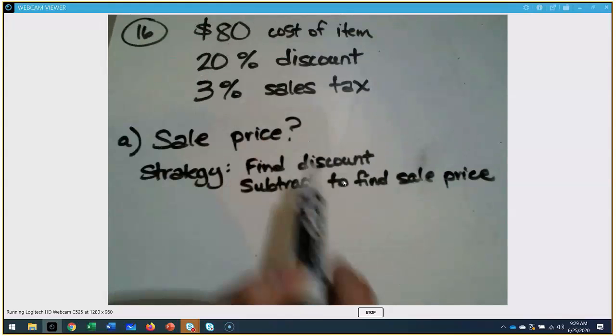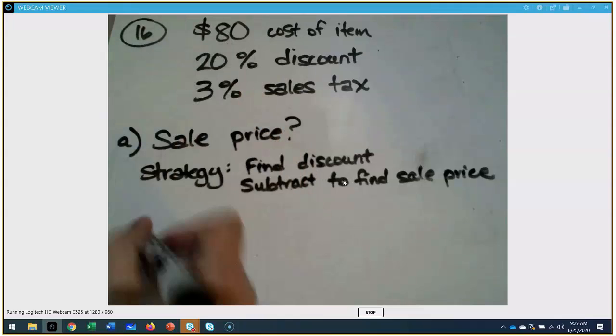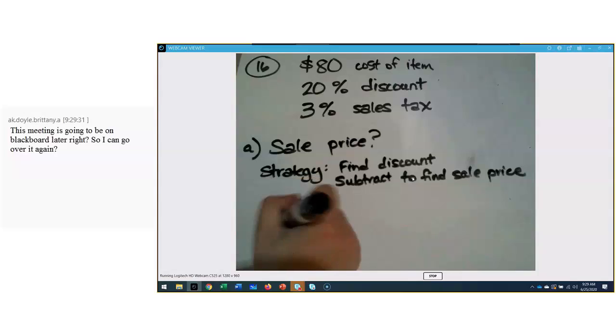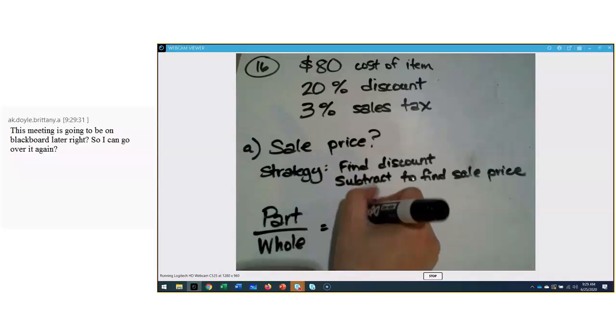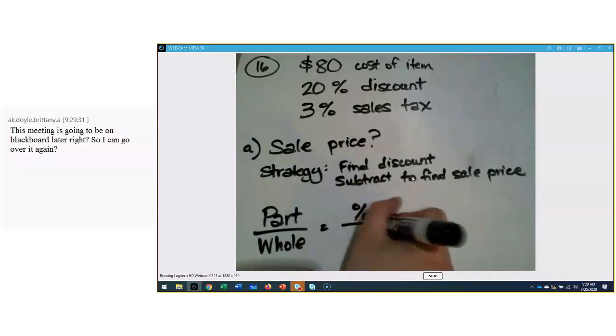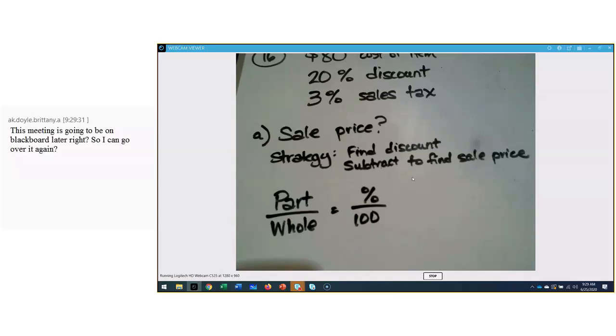Okay, so that's my strategy. So since I'm talking about a percentage and I have a cost, I'm going to go with this to help me solve it. So now let's see what we've got. If I want to find the discount first, then I need the discount rate or the amount, or I need the discount rate and the cost of the item.